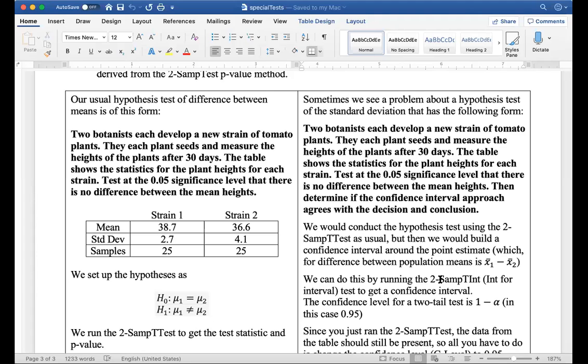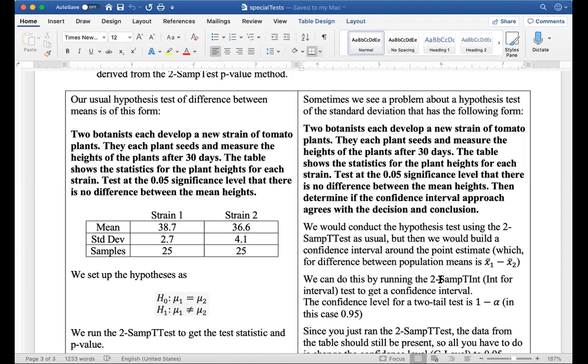Well, there are actually 3 ways that we can conduct a hypothesis test. Test using the p-value approach, test using the critical value approach, and we can also use something called the confidence interval approach, in which case we basically build a confidence interval, and then let's say alpha is 0.05, then the confidence level is 1 minus that, which is 95% in this case.